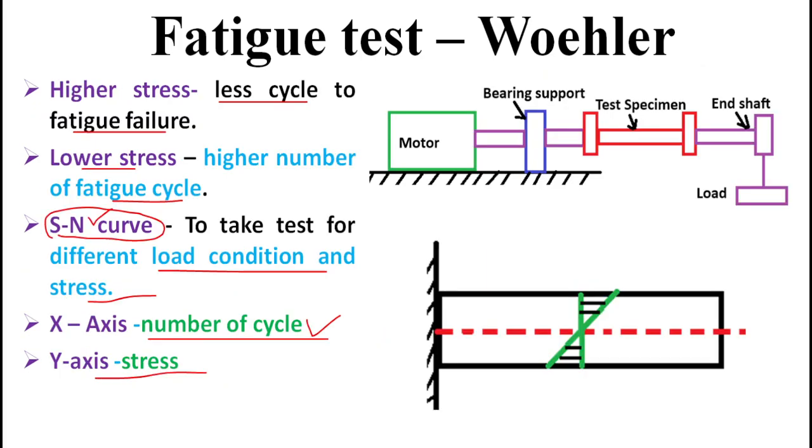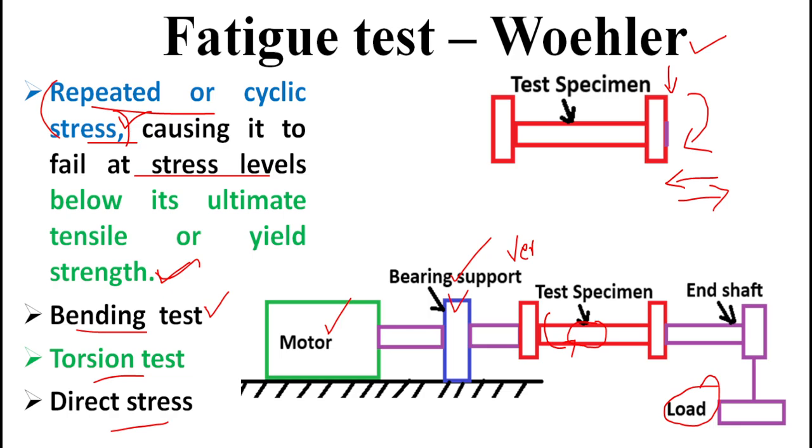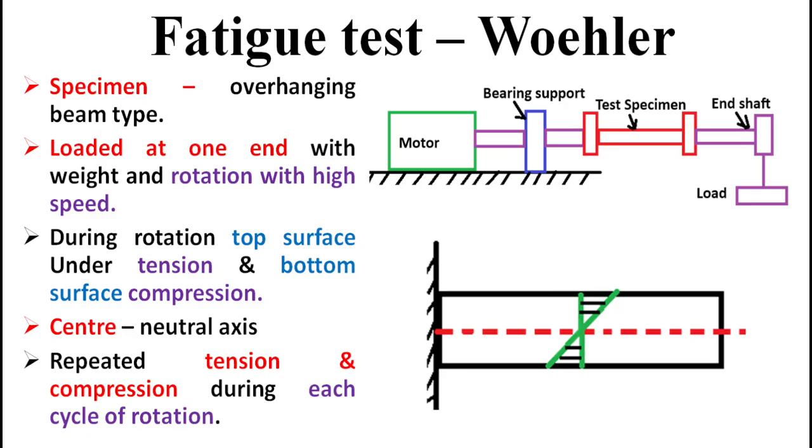To summarize, the fatigue test is a repeated or cyclic stress condition causing failure at stress levels below the ultimate tensile or yield strength. There are three kinds of fatigue: bending, torsion and direct stress.